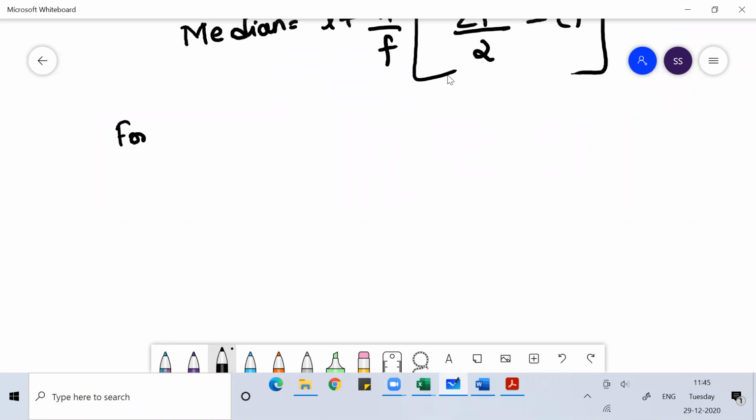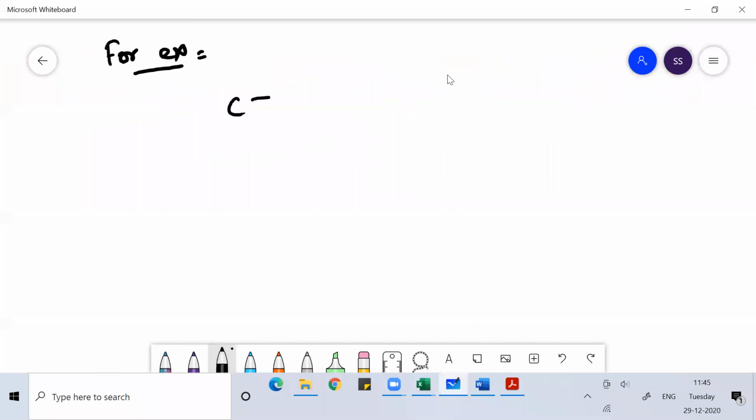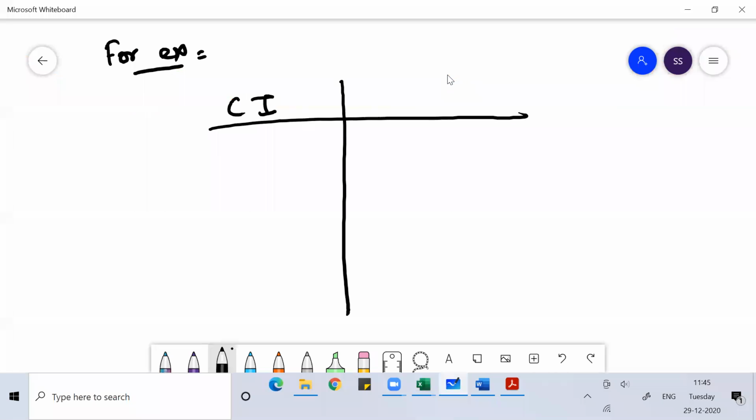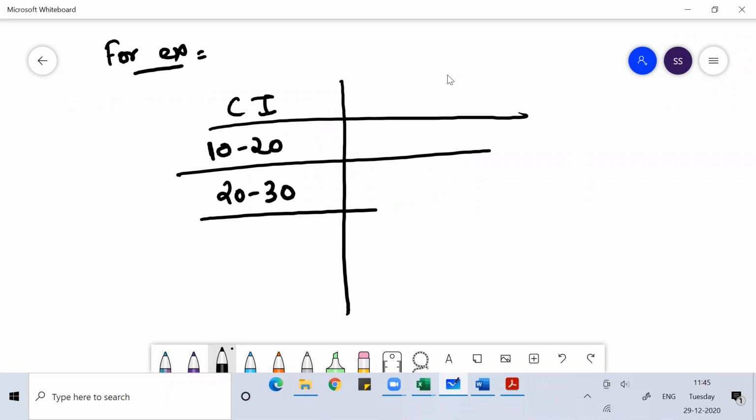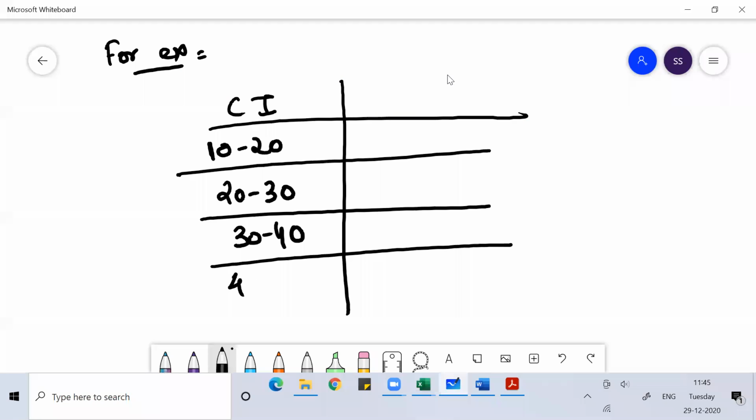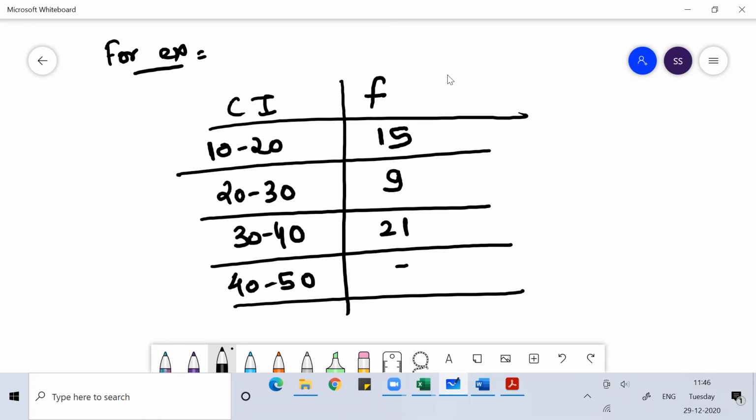Suppose your class intervals are given as 10 to 20, 20 to 30, 30 to 40, and 40 to 50. This is your class interval, and this is your frequency. Suppose your frequency is 15, 9, 21, and 7.